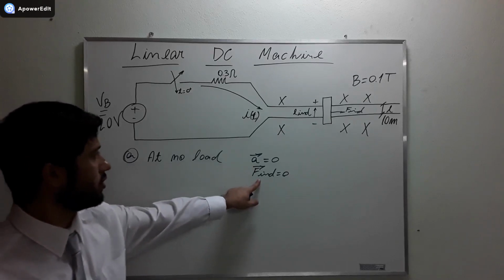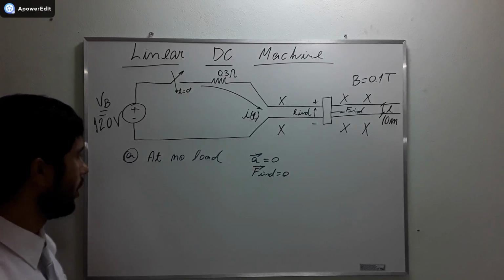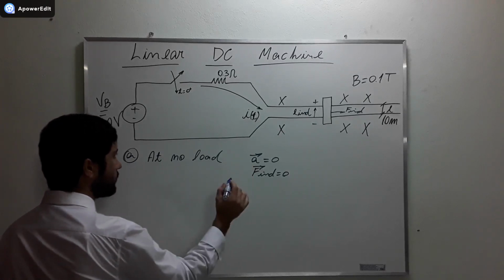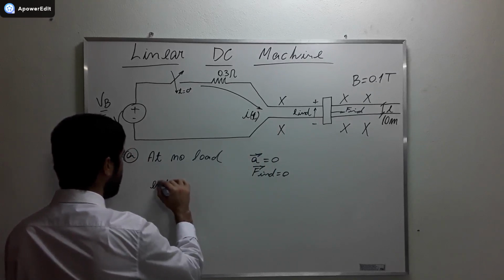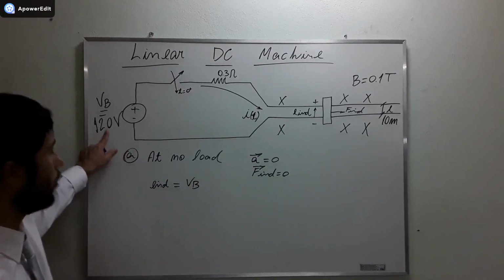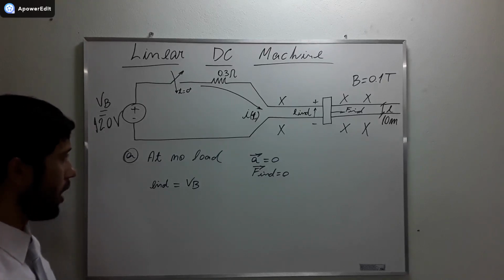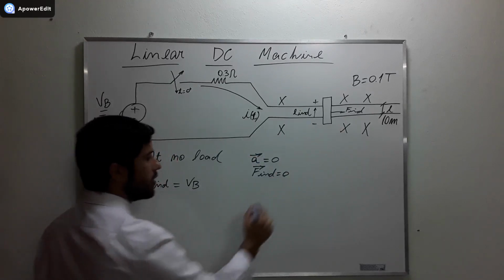And when this force is equal to 0, how do we find this? We find that the induced voltage is going to be equal to the voltage of the battery. Why? Because it is not accelerating anymore.